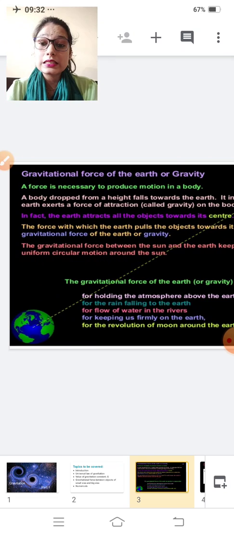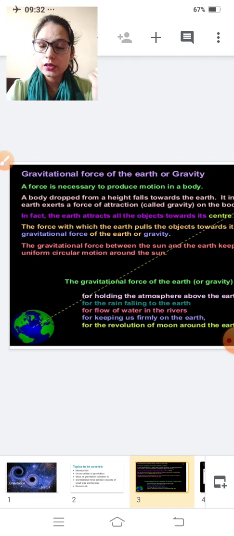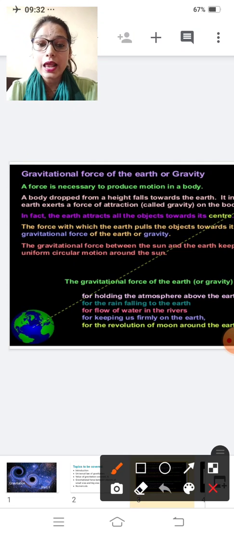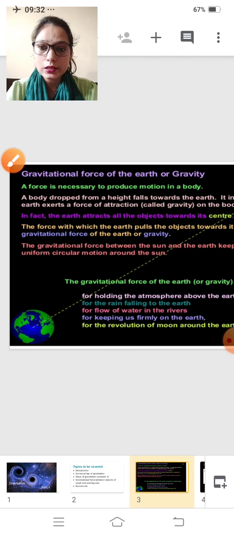It indicates that the earth exerts a force of attraction on that object, and that force is known as gravity.